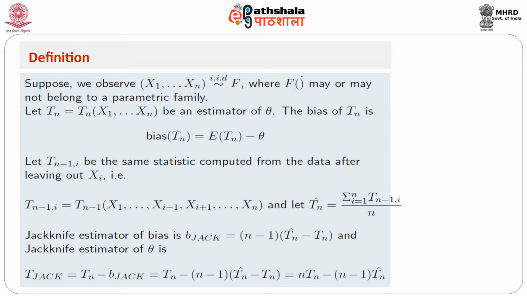So, the bias of Tn is B of Tn, which is E of Tn, that is the expected value of the estimator, minus the original value of theta. So, E of Tn minus theta. Now, let us define another estimator Tn-1,i, which is the same statistic as Tn computed from the data after leaving out the ith observation.